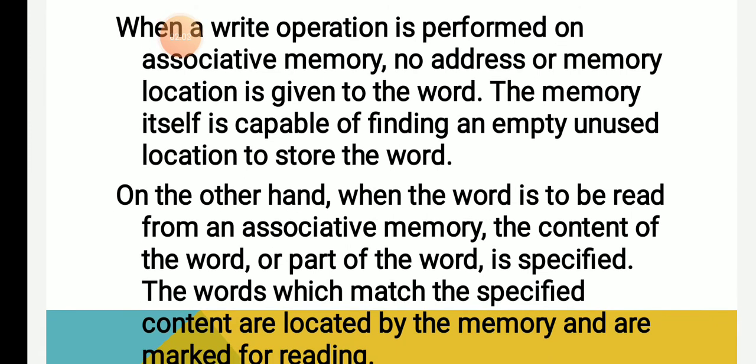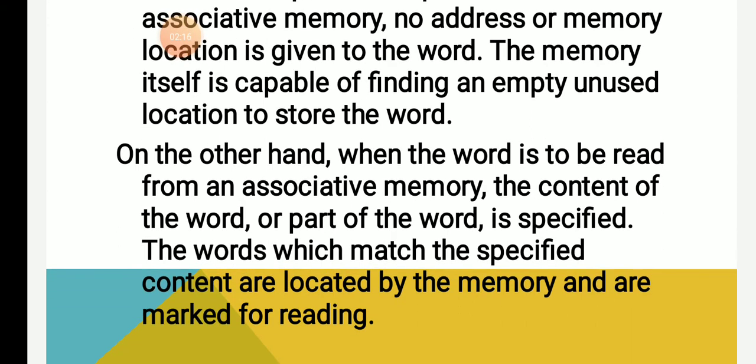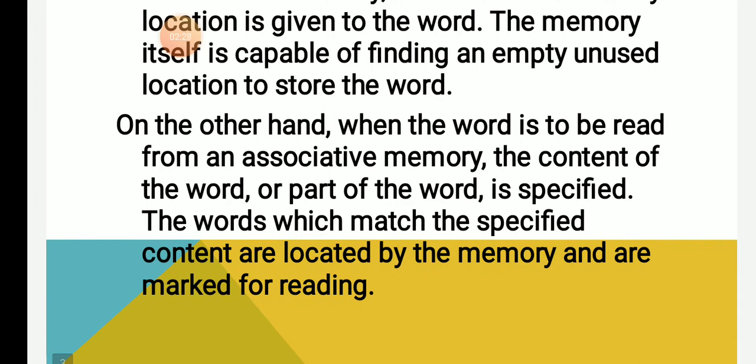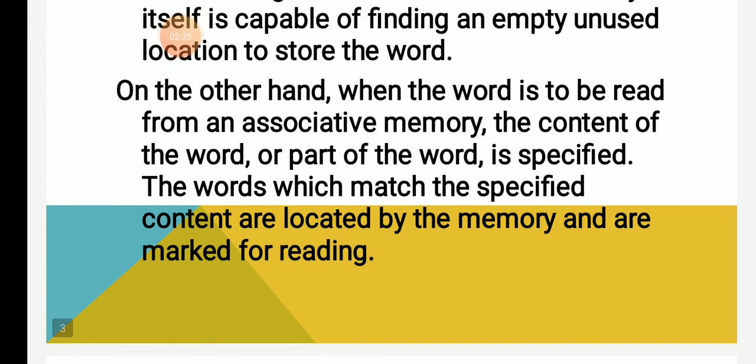On the other hand, when a word is to be read from an associative memory, the content of the word or a part of the word is specified. The words which match the specified content are located by the memory and are marked for reading.